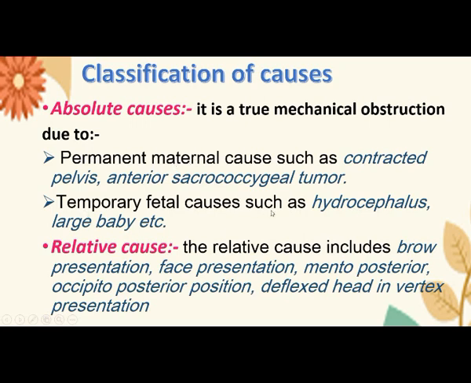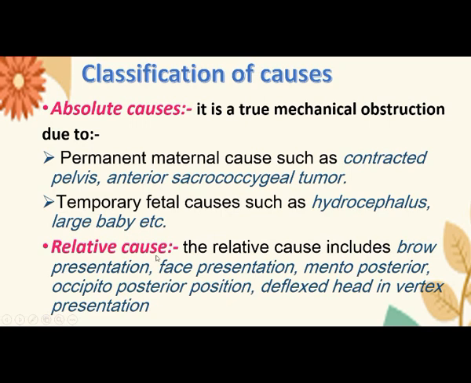And temporary fetal causes such as hydrocephalus, because the baby has hydrocephalus, it is not accommodated properly in the pelvis, and because of a large baby. So in the first pregnancy, if the baby is large and there is Cephalopelvic disproportion, there is no chance of it in a second delivery. That is a temporary fetal cause.